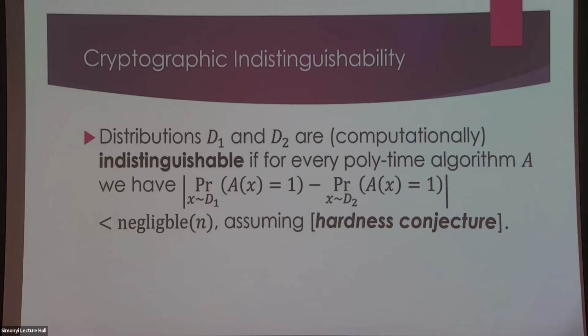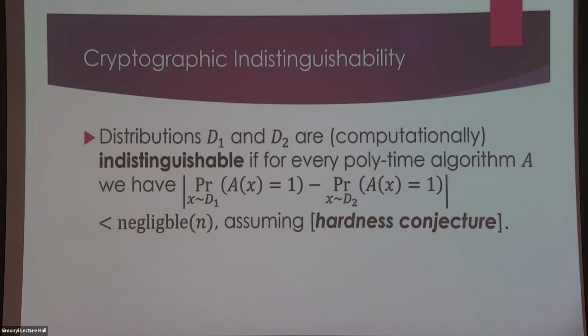So what is that? The formal definition doesn't matter that much. What I need is the essence of it, which is that computational indistinguishability means that I have two distributions such that any polynomial time algorithm cannot distinguish between them.